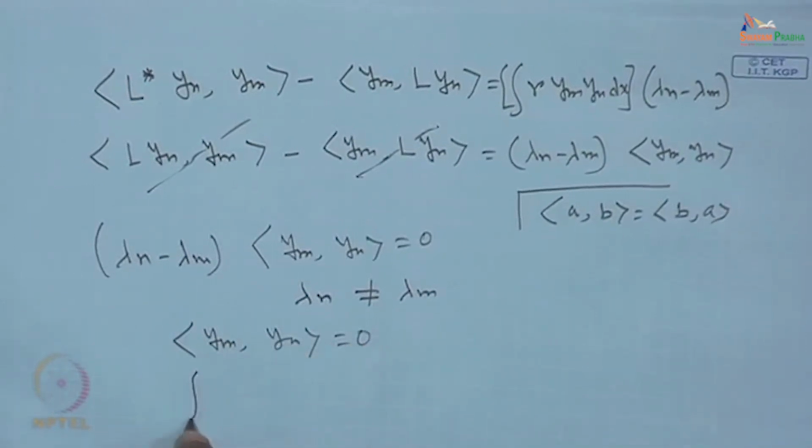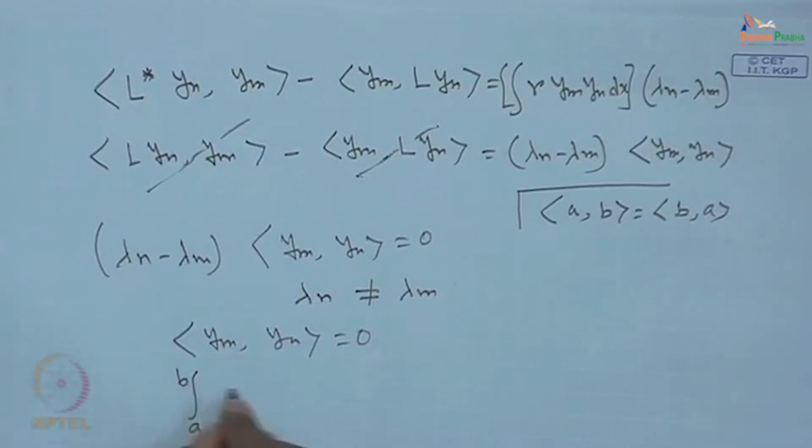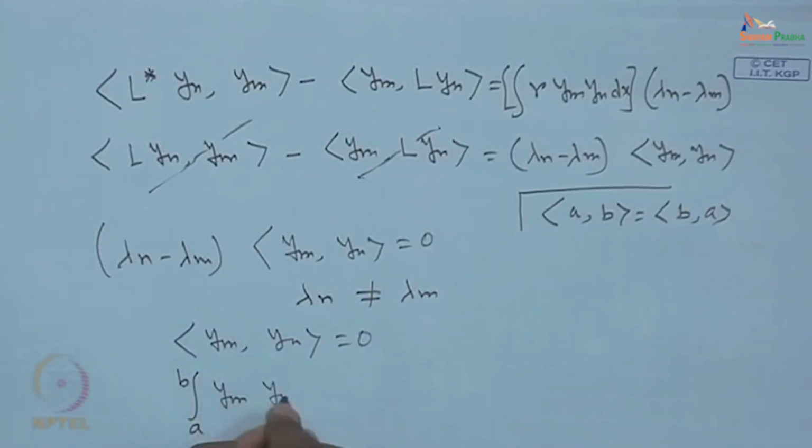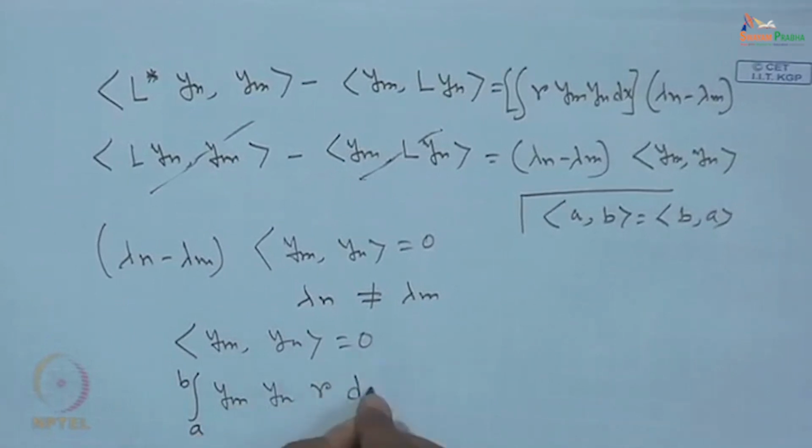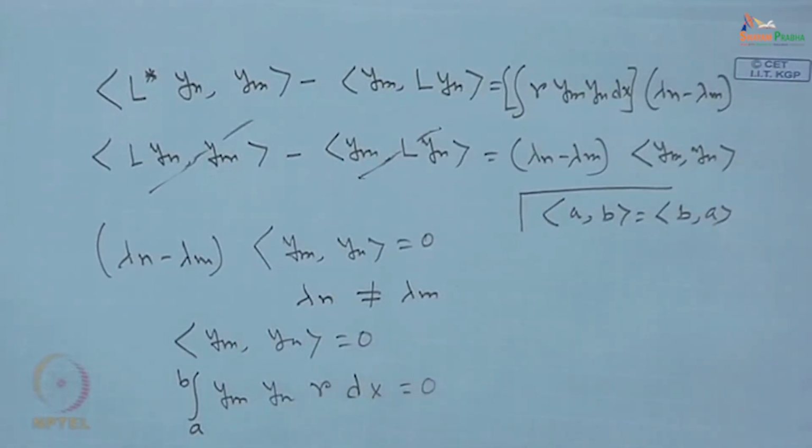That means the integral from a to b of ym yn r dx is equal to 0.